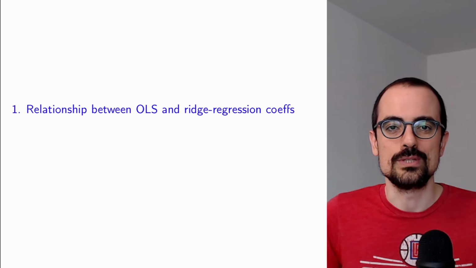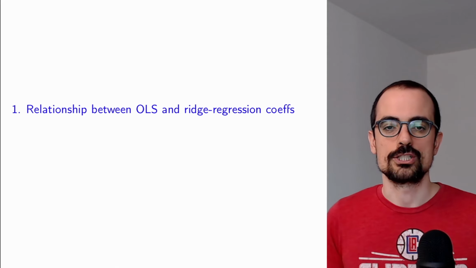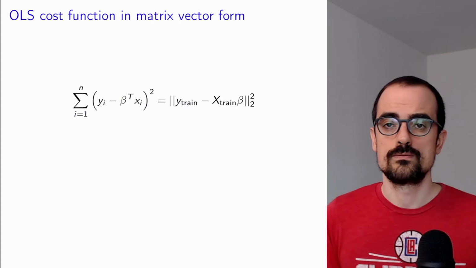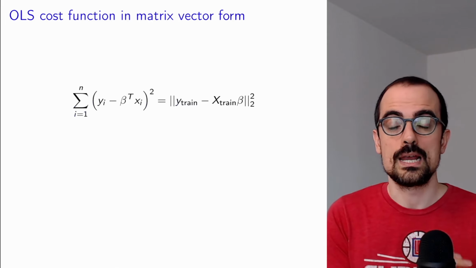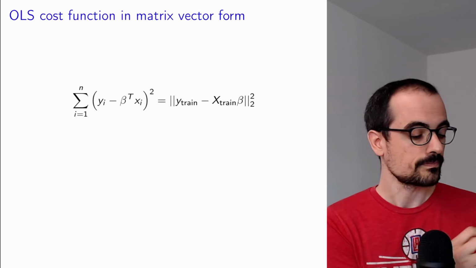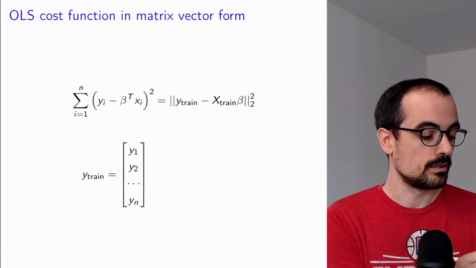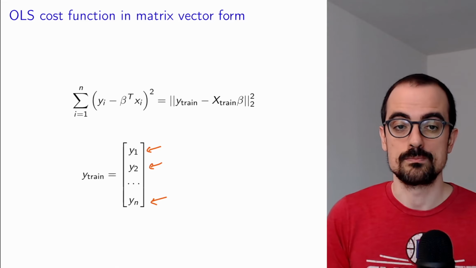So first, we're going to derive the relationship between the OLS and the ridge regression coefficients. And in order to do that, it's going to be super useful to express the cost function of ordinary least squares in matrix vector form. So we're going to basically stack all of the response values into a vector that we call the response vector.